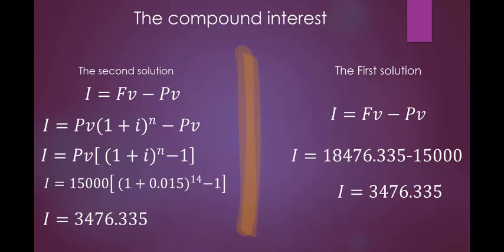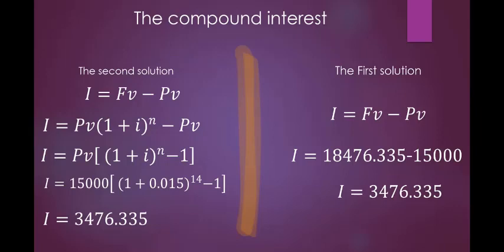So I will be equal 18,476 minus 15,000, which equals 3,476.